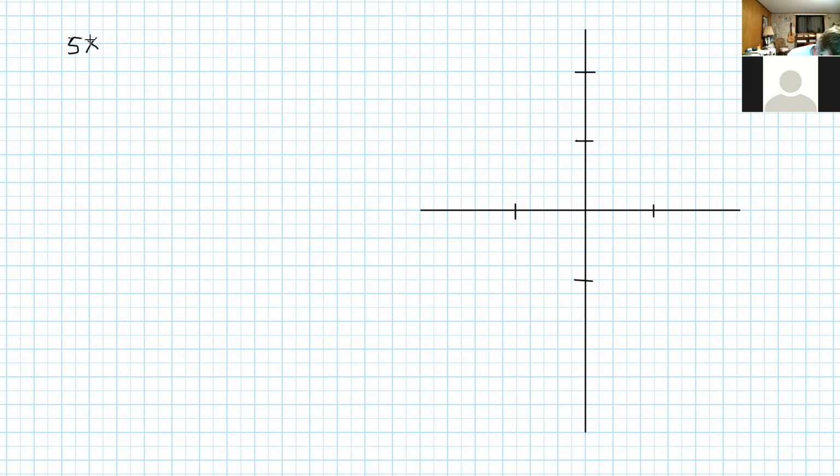There we go. 5x plus 4y is greater than or equal to 20. Now, there are two different methods that we looked at to do this, and I'm going to cover both methods.